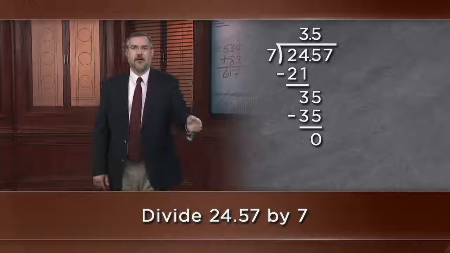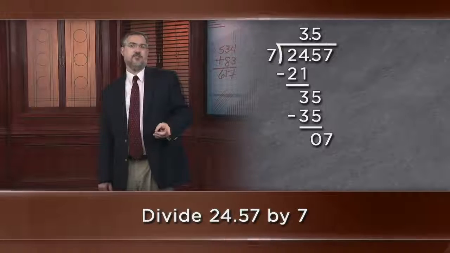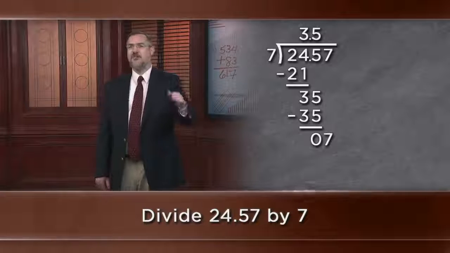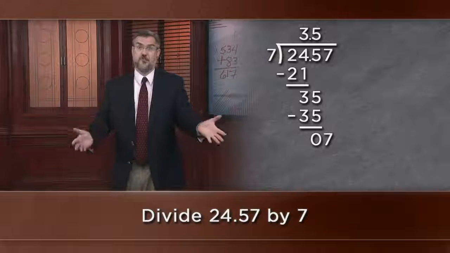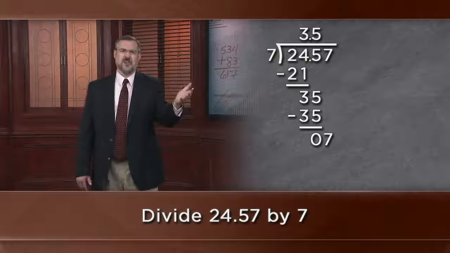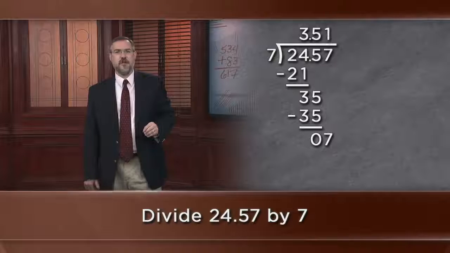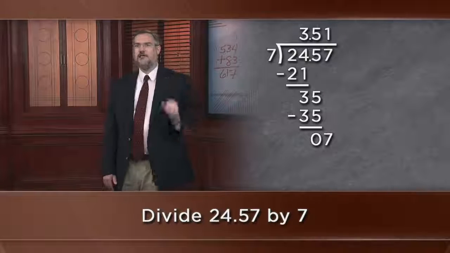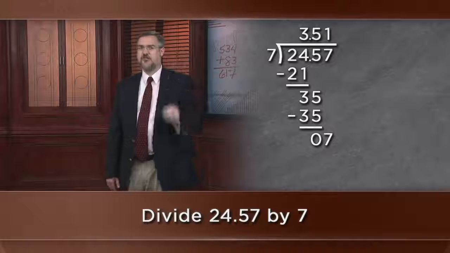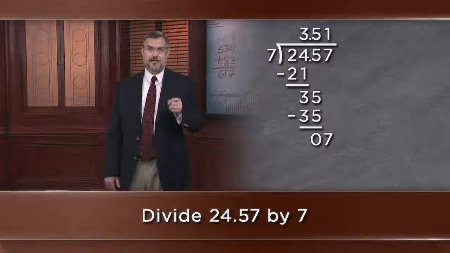We then drop down our next digit, which is that 7 that's inside 24.57. And that means I now have 7, or what looks like 07, down at the bottom of our work section. But that's okay. It's just 7. How many times does 7 go into 7? Well, it's exactly 1 time. So I'm going to write a 1 in my answer section, just above the 7 that's in 24.57, since that was the last digit in play at that point.